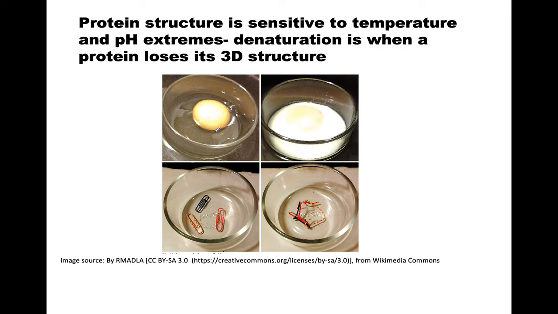When you beat it up or when you cook it, this changes shape and basically you destroy the structure of the protein. And when we destroy the structure of a protein, we call it denaturation. The protein denatures. You can visualize it in terms of these paper clips. They have their nice shape, but when they're denatured, they lose their shape. And when they lose their shape, they change their function.